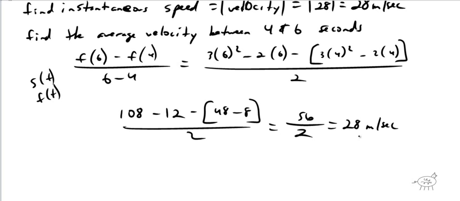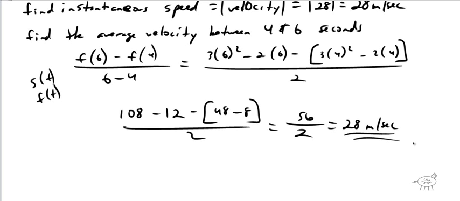So very interesting, actually. The average in this case here, just kind of random, but the average is equal to the instantaneous, which meant if I actually would have asked you what was the speed at 5 seconds, the average would have been a really good estimate. In fact, it would have been a right on the money estimate of the instantaneous.